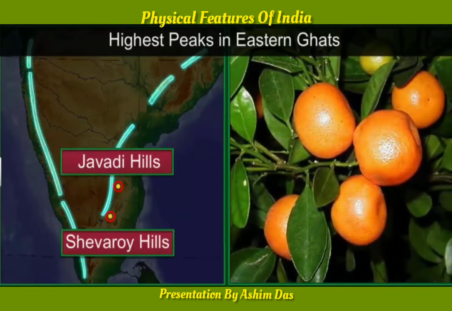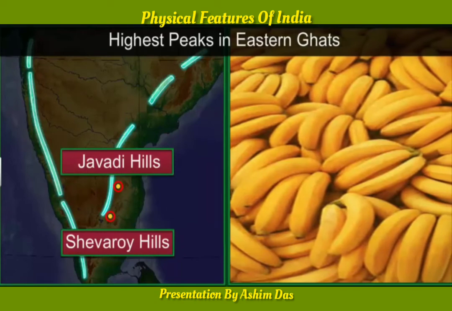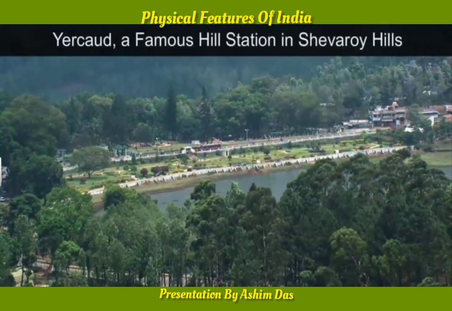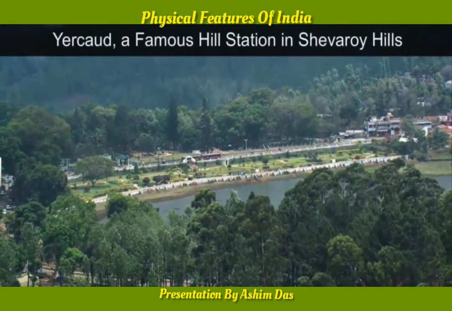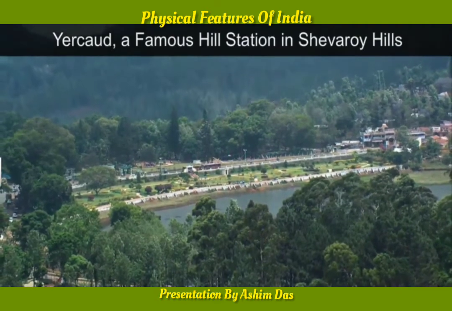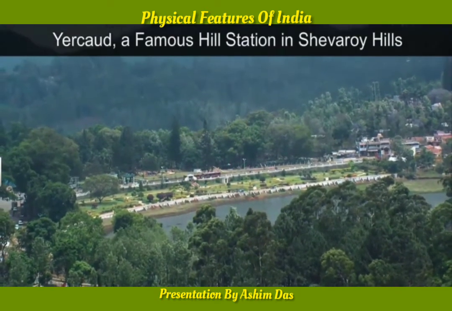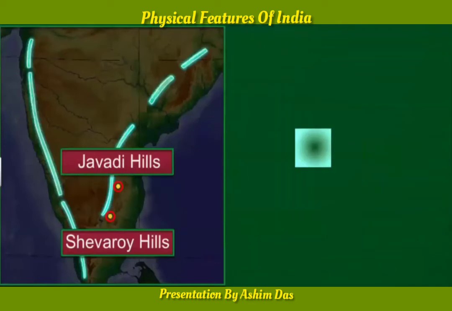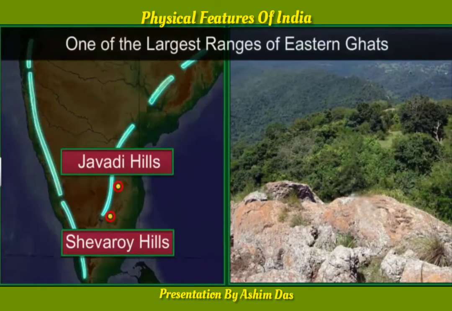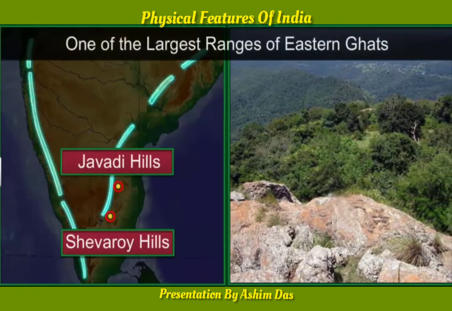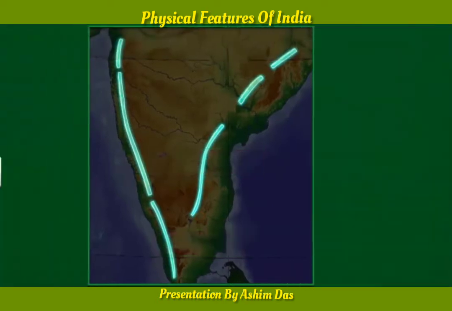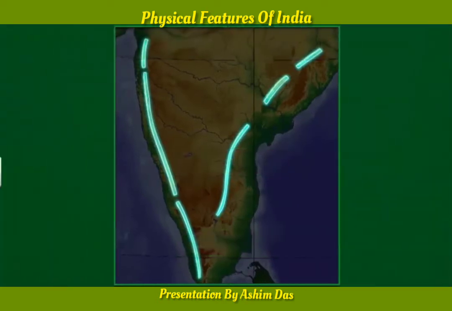Yercaud, a famous hill station, is also a part of Shevaroy Hills. The Javadhi Hills are one of the largest ranges of the Eastern Ghats. The map shows the location of some of the famous hill stations of this region: Udagamandalam or Ooty and Kodaikanal.